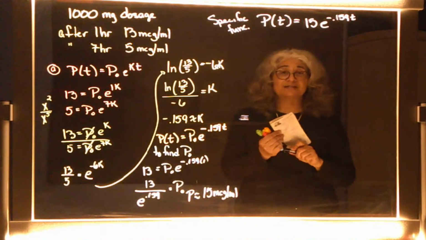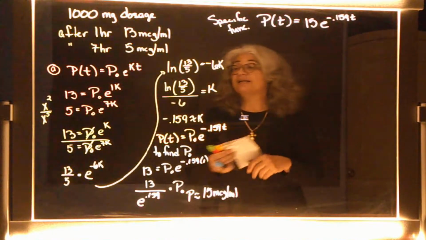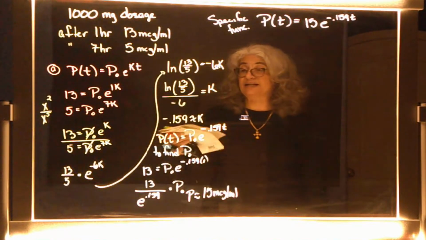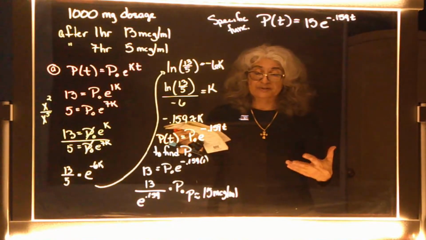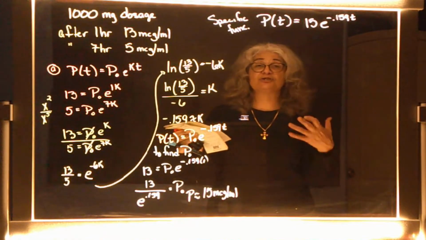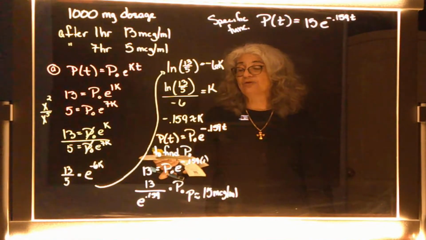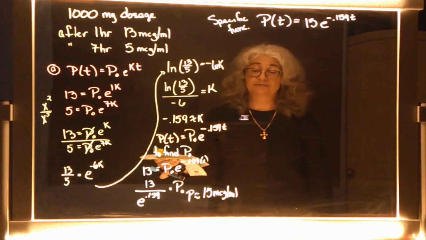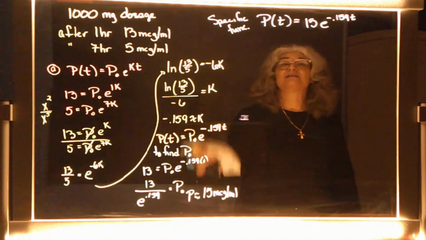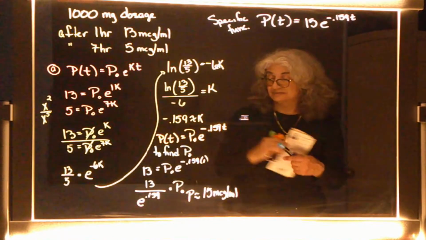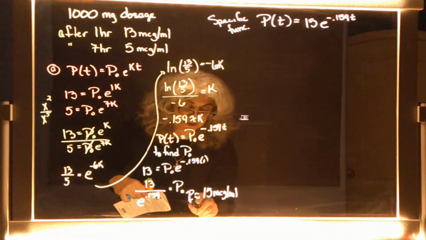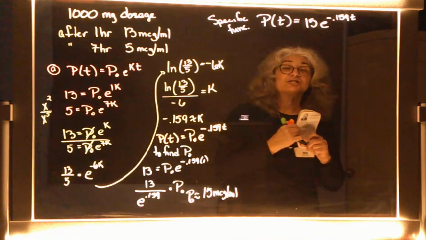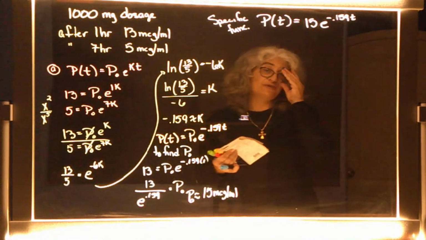There is my specific equation. Part A said find k, we did, but it also said find the exponential function, which means I now needed to find P sub 0. And there it is. And there is my actual equation, my actual function.